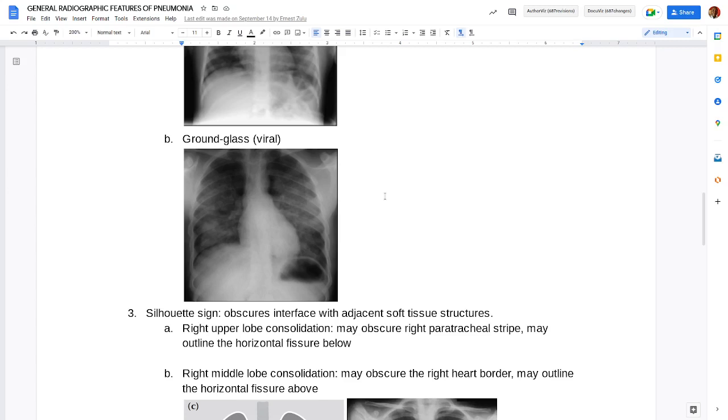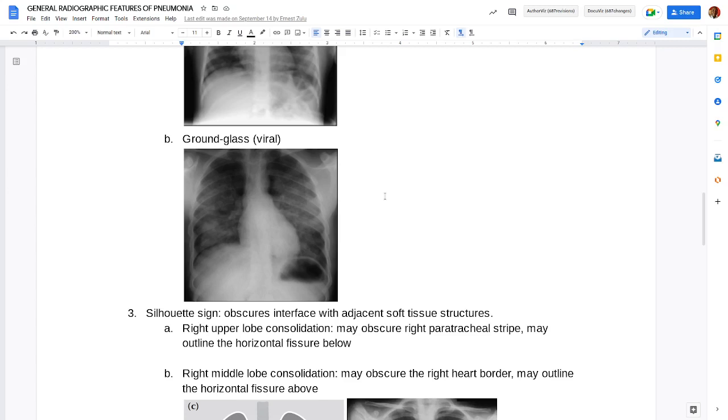Like a glass surface you've scratched with sandpaper, it looks hazy. So they've adopted that terminology as ground glass. It looks like ground glass. That's what you actually see.